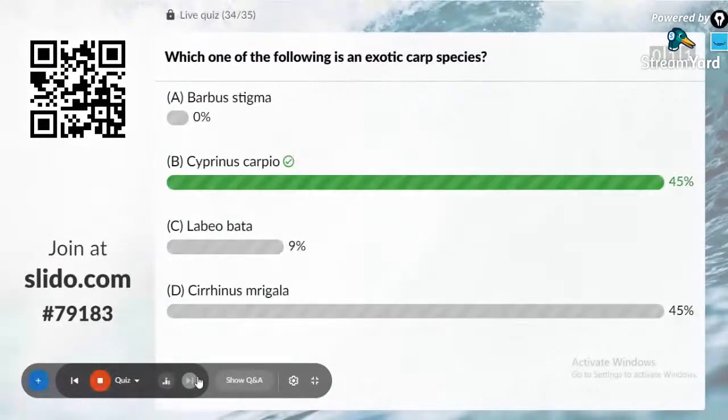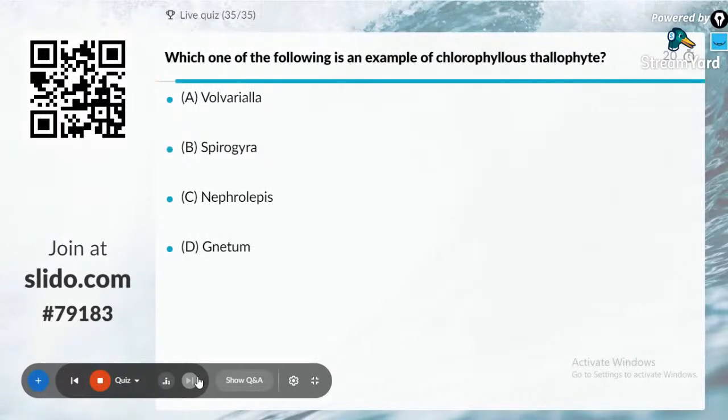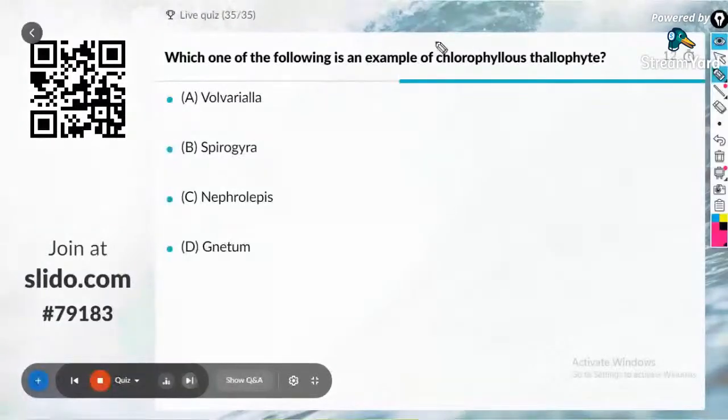Yes, perfect. Last and the final question for today on the screen. Which one of the following is an example for chlorophyllous thallophyte? Example for chlorophyllous thallophyte.